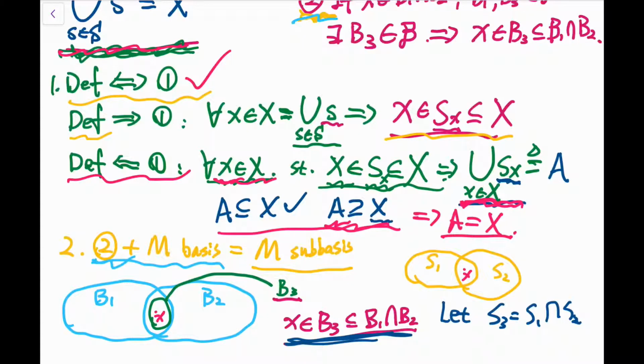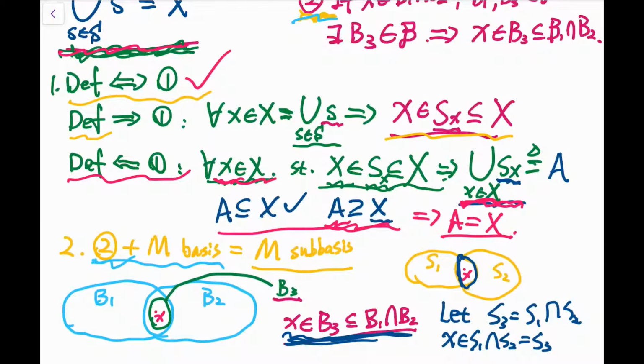This is because, for the first part, S3 is the intersection, so for any element X inside this intersection, we always have the relationship that X is inside the intersection and it is equal to S3.